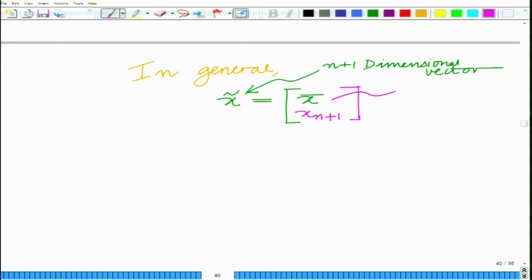So, this is an n dimensional vector x bar, and this is x of n plus 1, an additional coordinate. So, we have an n plus 1 dimensional vector x tilde.